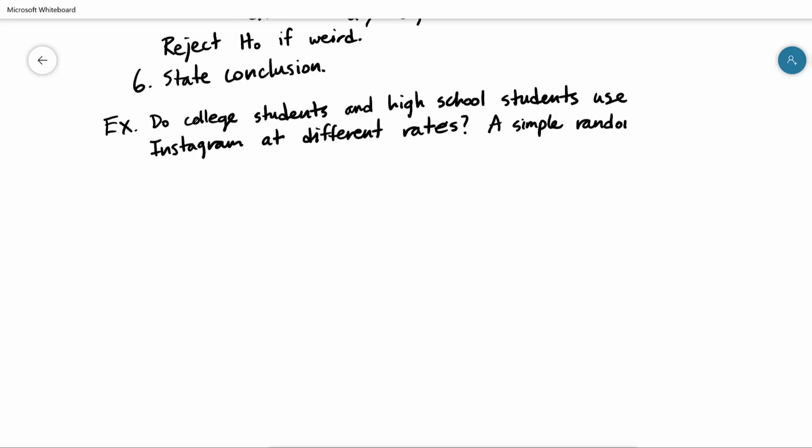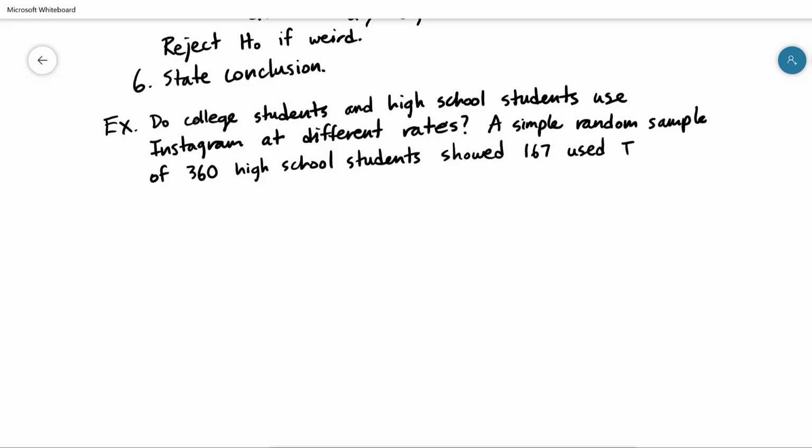Well, let's say a simple random sample of 360 high school students showed that 167 use Instagram, while 213 out of 430 college students used it.